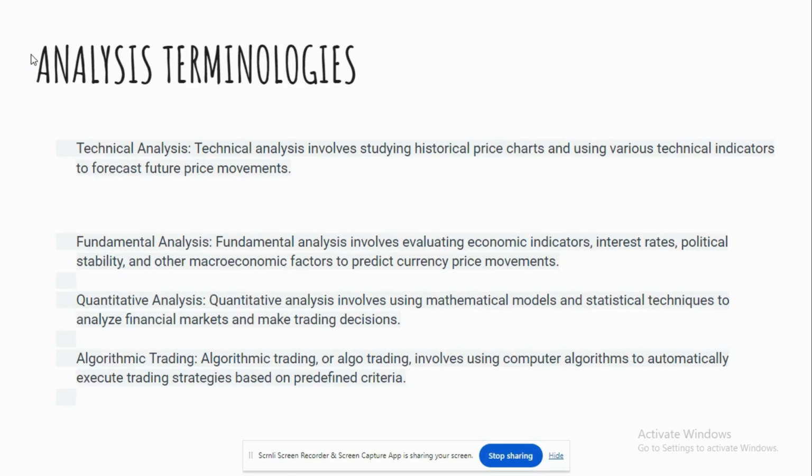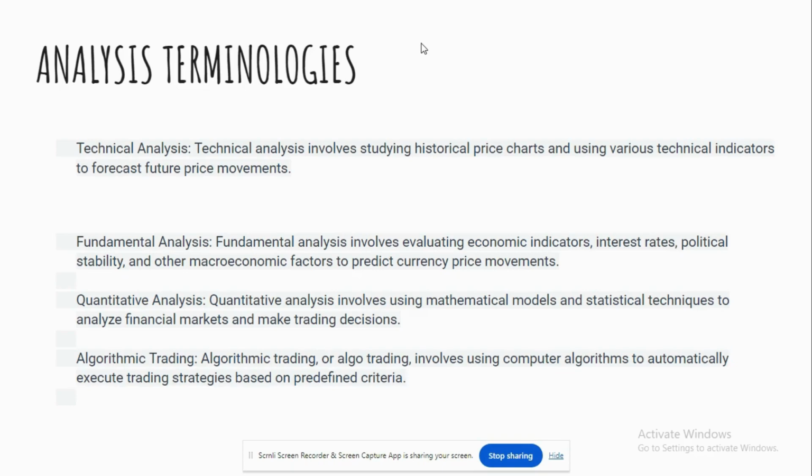Technical analysis involves studying historical price charts and using various technical indicators to forecast price movements. And then fundamental analysis involves evaluating economic indicators, interest rates, political stability, and other microeconomic factors to predict currency price movements. All right.